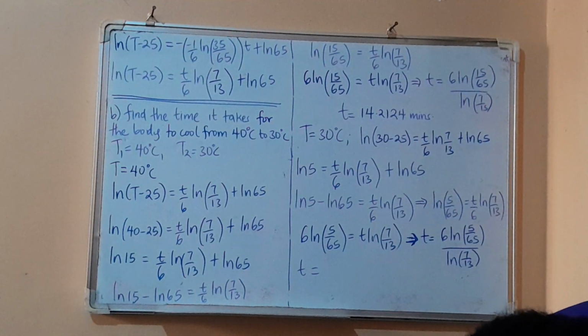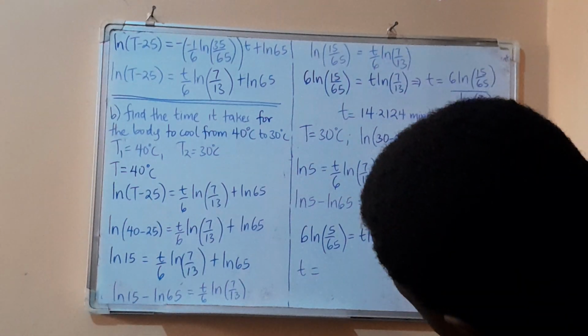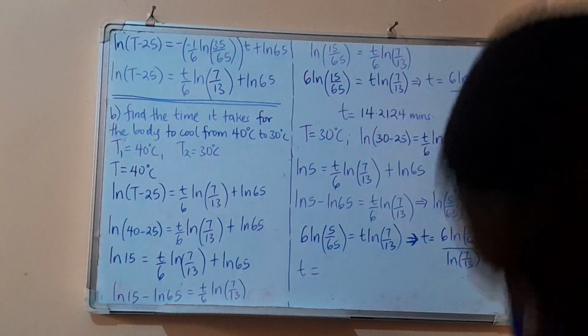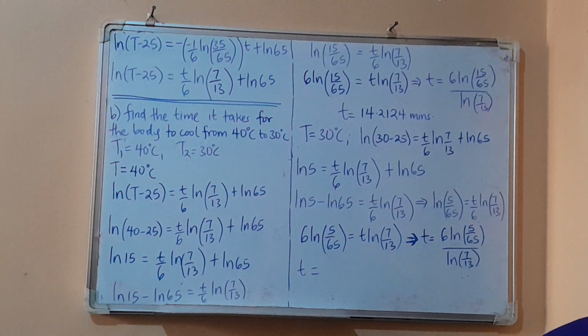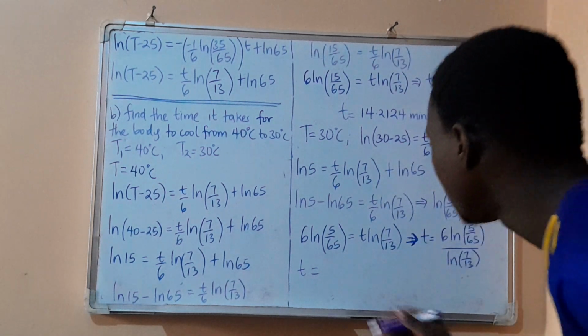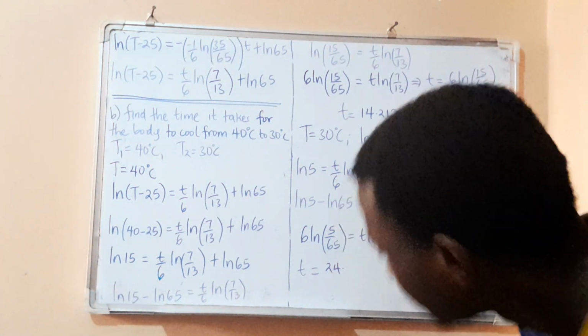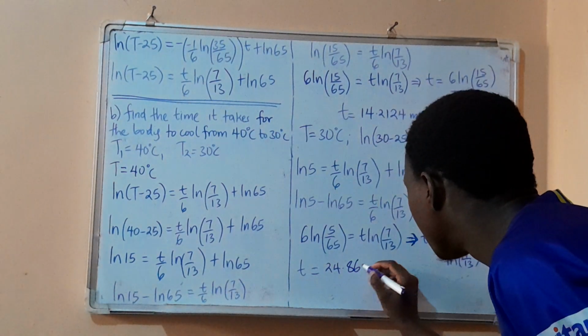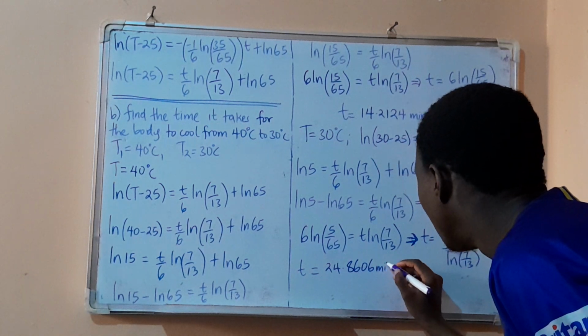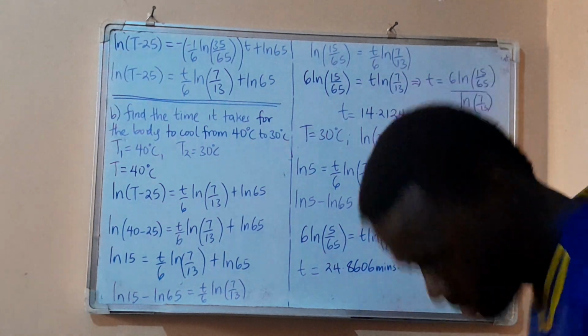We have 6 log 5 divided by 65 over natural log 7 over 13, so T is 24.8606 minutes.